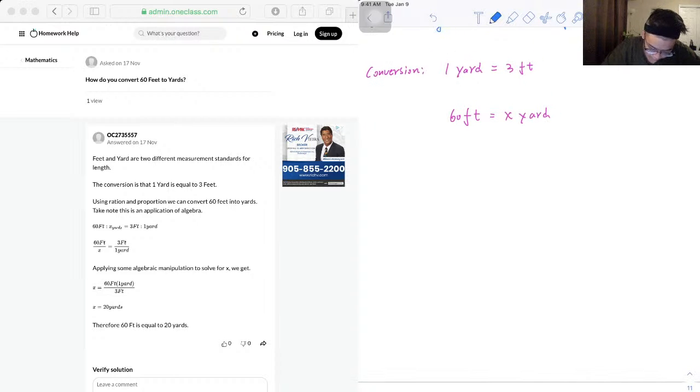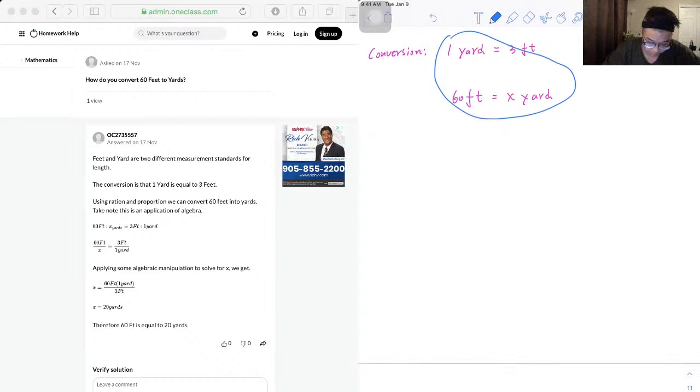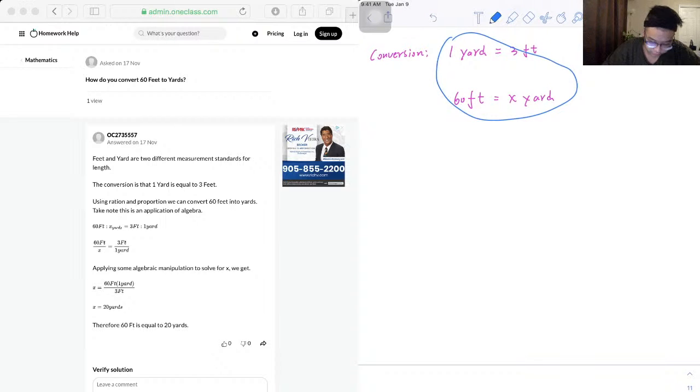So by knowing these two, we can combine them and make an equation which looks like this. 60 feet over x is equal to 3 feet over 1 yard, right?